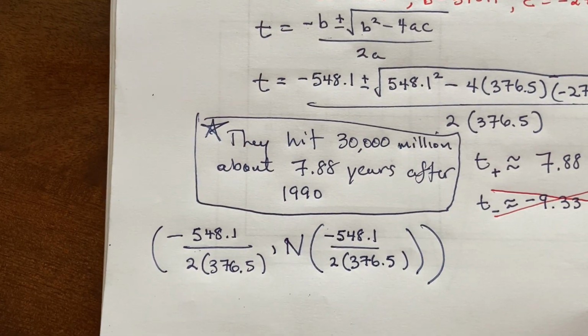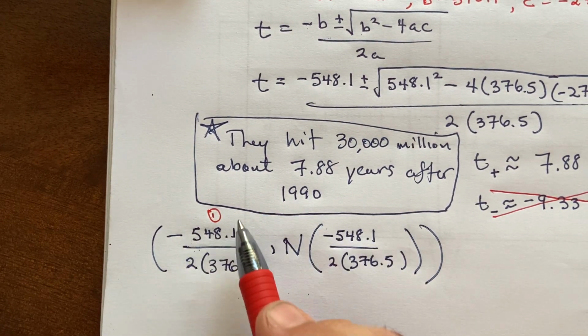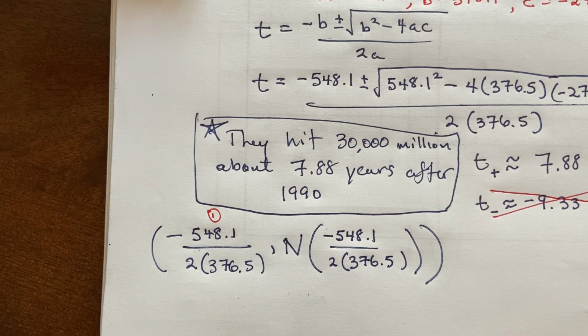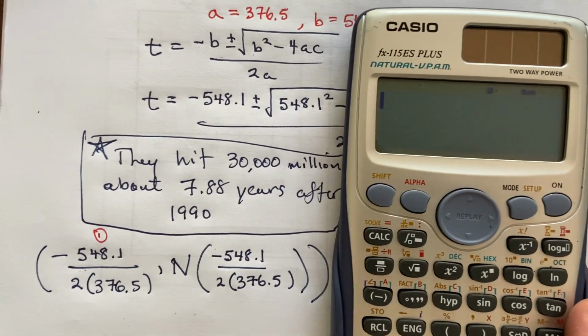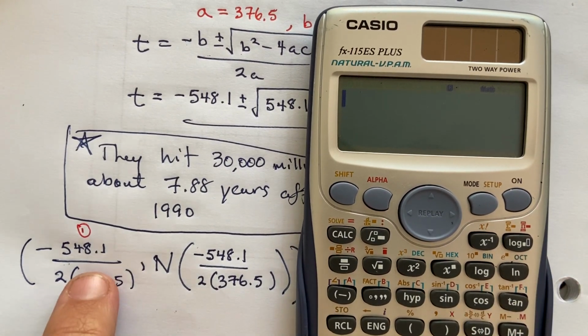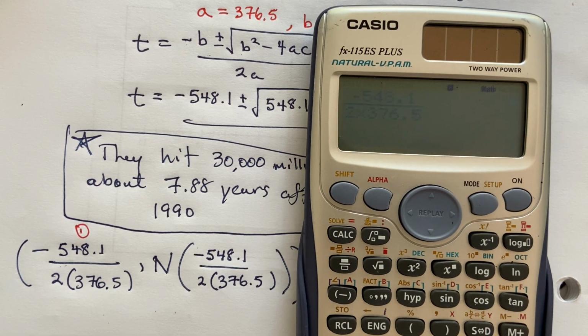Okay, so I'll first start with this one, and then I'll plug that value into N. So I'm going to first type in this thing right here: negative 548.1 over 2 times 376.5.